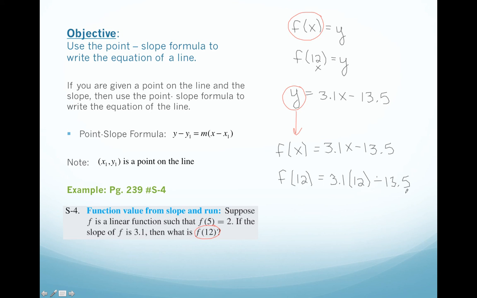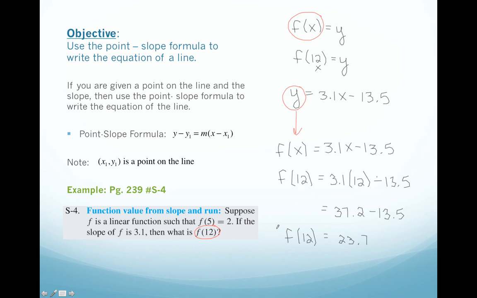So now all we have to do is evaluate the equation when x is 12. 3.1 times 12 gives us 37.2. Let's simplify this. That gives us 23.7. Therefore, f of 12 is equal to 23.7.